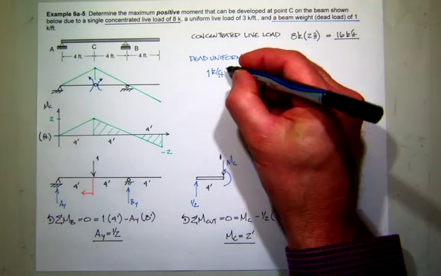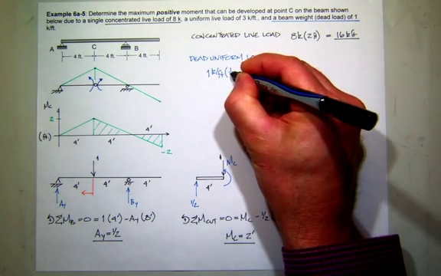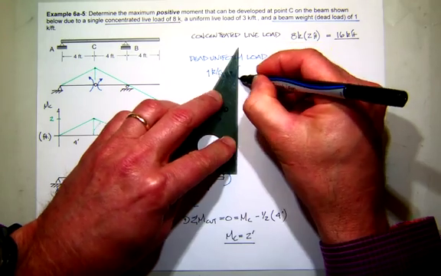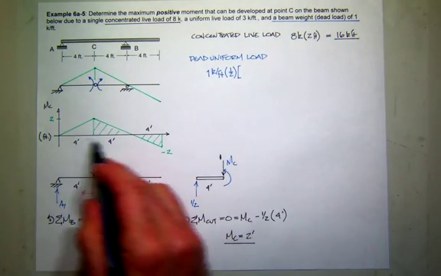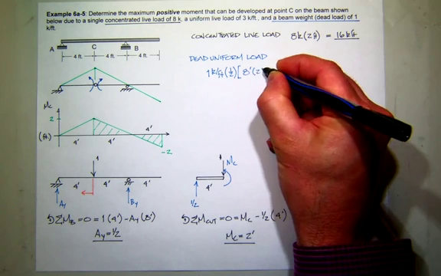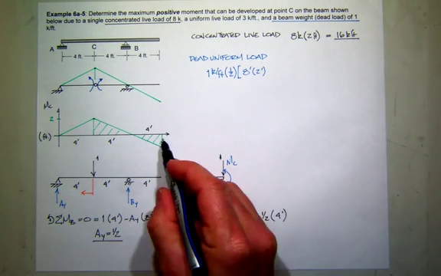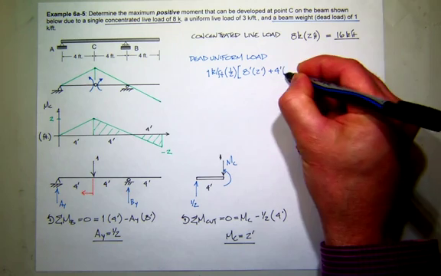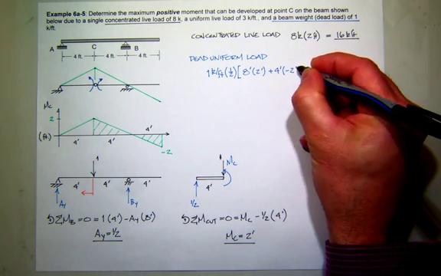In this case, they're all triangles, so I'll put my 1/2 on the outside. So everything's going to be 1/2 base times height. So the first one is going to have a base of 8 feet times a height of 2 feet. This triangle will have a base of 4 feet times a height of minus 2 feet.